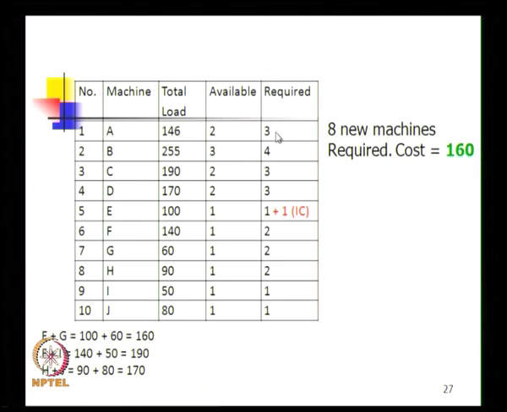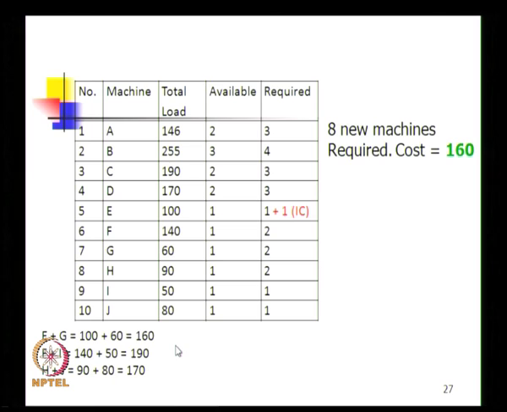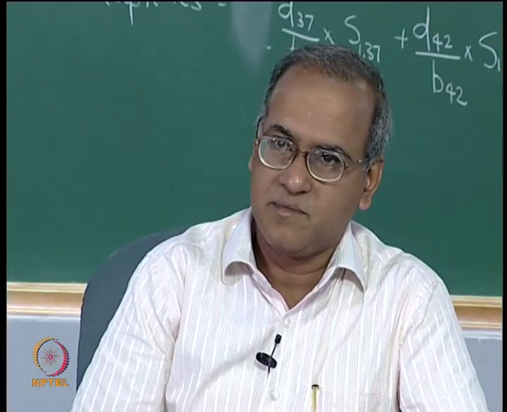I have said 3 of A is required. If you look at B, 2B plus B plus B, 4B is required. Plus I have added one more of E or G because of the intercell move that we created, that would require one more machine. So, this is the requirement calculation. So, 8 new machines are required if we create this.